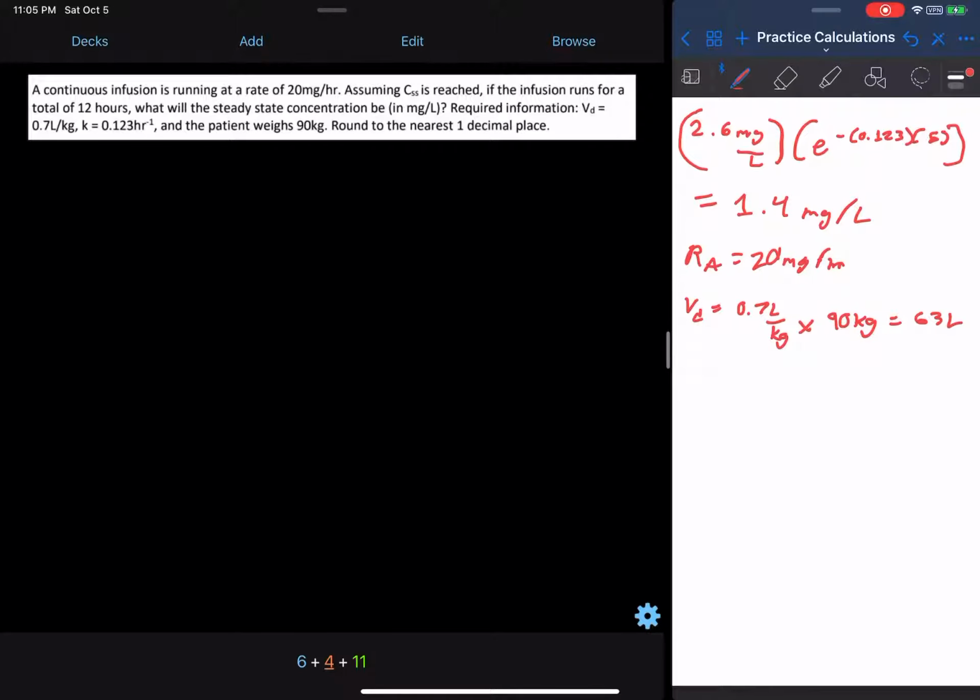Okay, I think I remember this one. This one is the one where the formula is the rate over the volume of distribution. Liters. So that comes out to about 0.317.